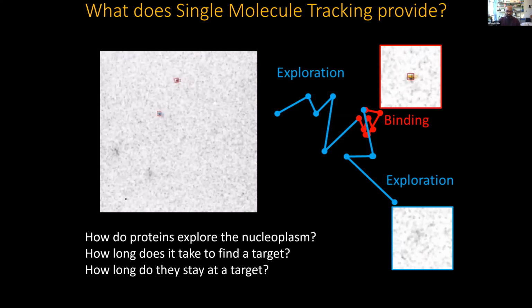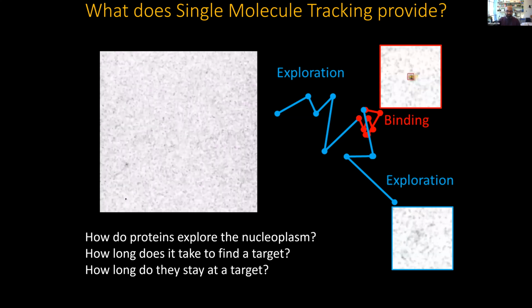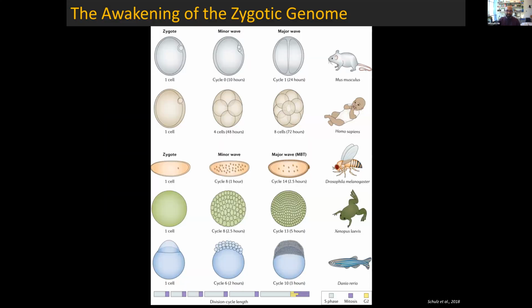So our interest is applying these technologies in the context of a process called zygotic genome activation. Following the fertilization of an embryo, the zygotic genome, which is the genome of the fertilized embryo, is transcriptionally silent. And all of its life is maintained by proteins and other products provided by the mother, loaded into the egg as it is initially made.